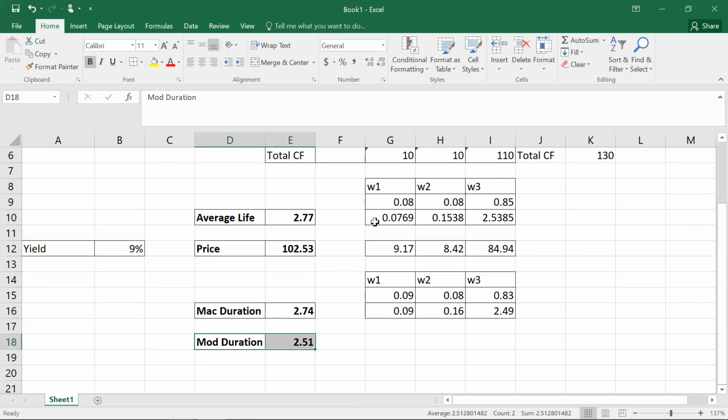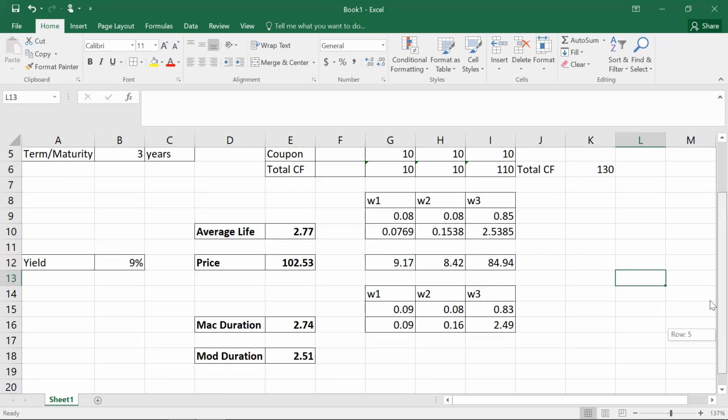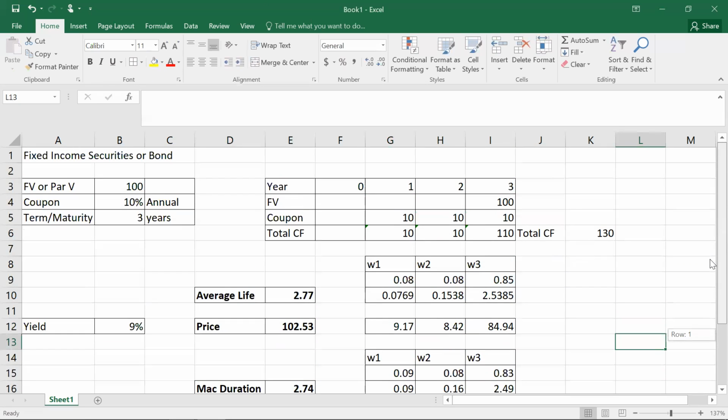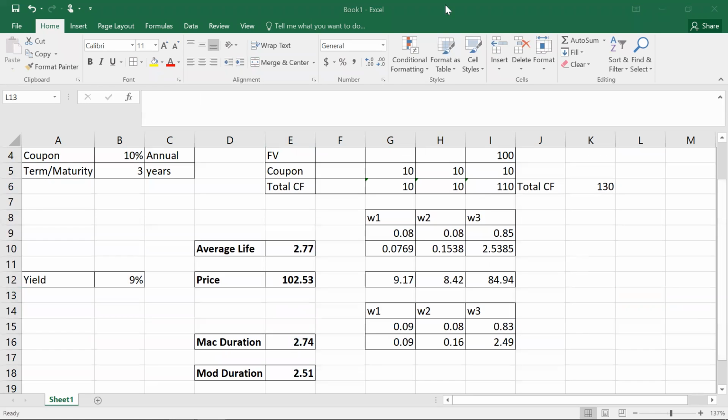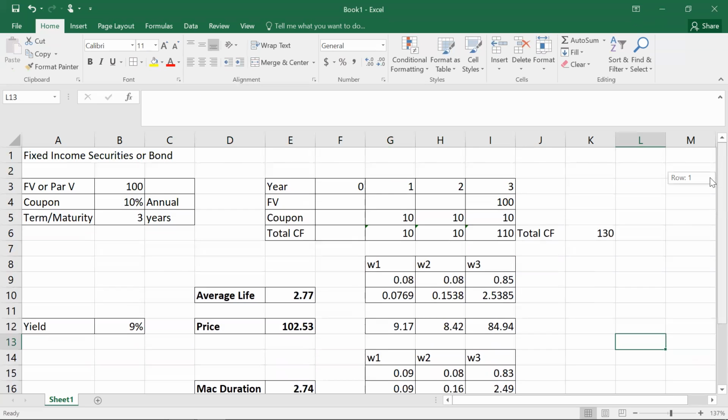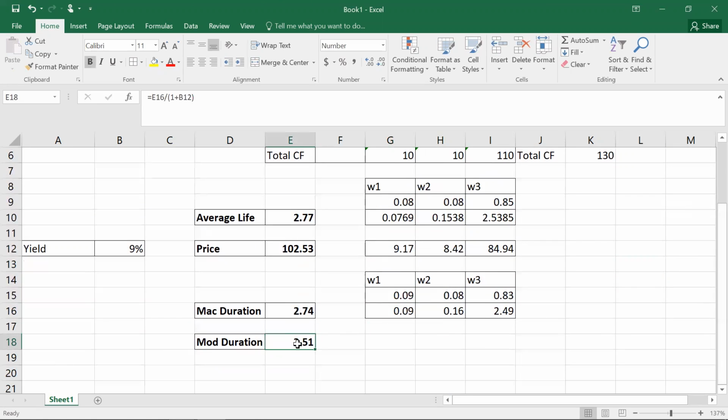So I derived the modified duration by first calculating the average life, then calculating the Macaulay duration, and then coming to the modified duration.